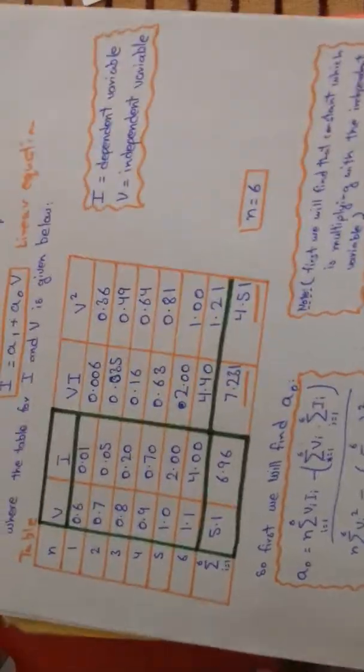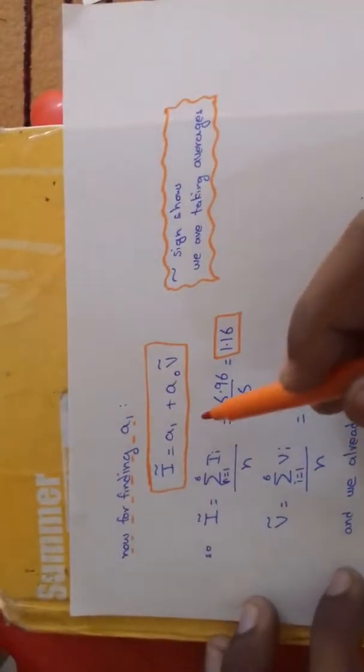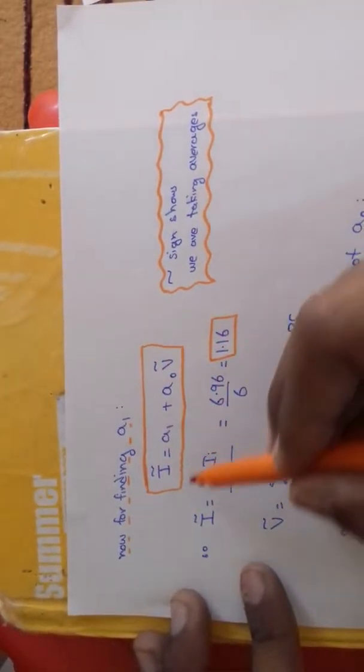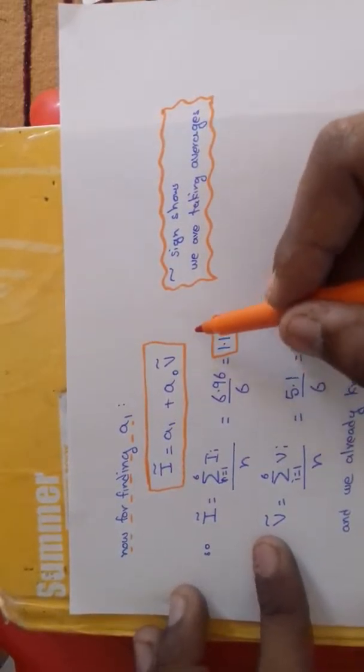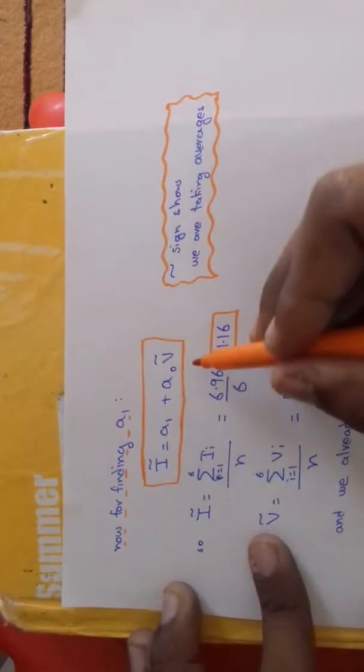Now we have to find the value of a1. For finding a1, you can see that I have changed the formula a little bit with a bar sign over I and v. This sign represents that I am taking the averages of these variables.